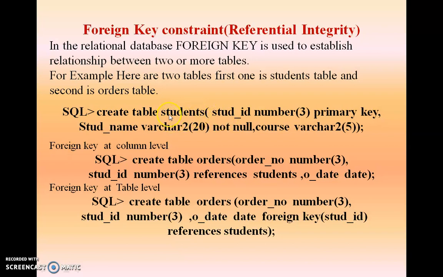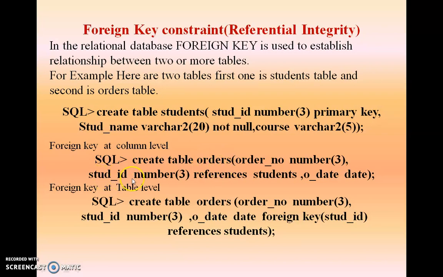Here in this student table, which is a prime table, parent table, it is the primary key column in the parent table, and this primary key column is becoming a foreign column, secondary column in this order table, which is called the child table.